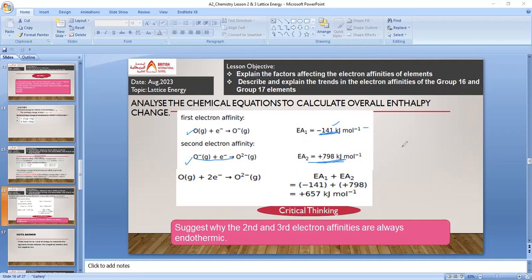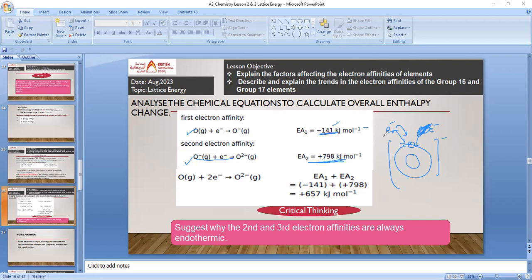When we add one electron to any structure, it becomes negatively charged, right? It gains an electron and now has a negative charge. Second electron affinity means we are adding one more electron. So this incoming electron is repelled by the already present electrons.